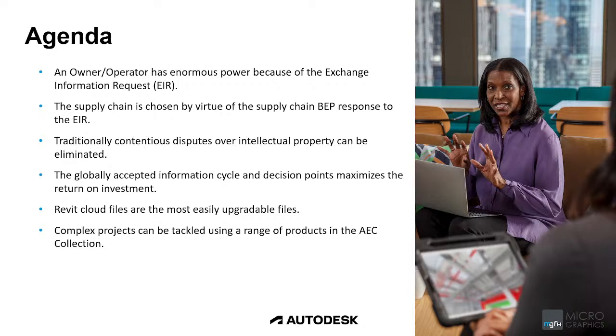How will that work? As an owner, you will have to make accommodation for how people work together. So you might include clauses like: you will share the original authored copy with the understanding that anybody within the supply chain who has access to that document will only use it for the purpose it is provided for.